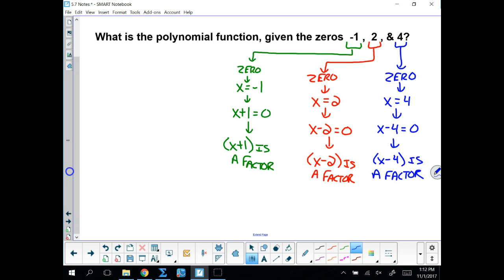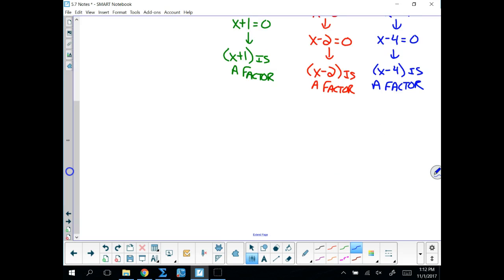So now we've got our polynomial in factored form. So what is our polynomial then? We'll call it f of x, is equal to what?